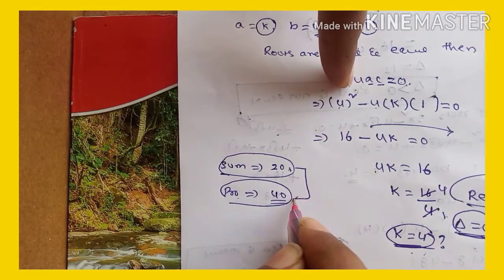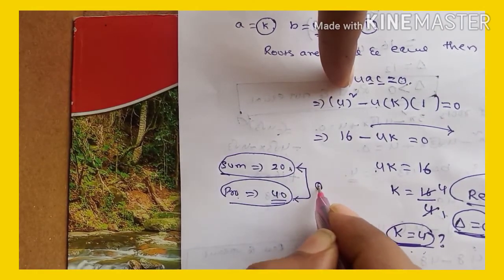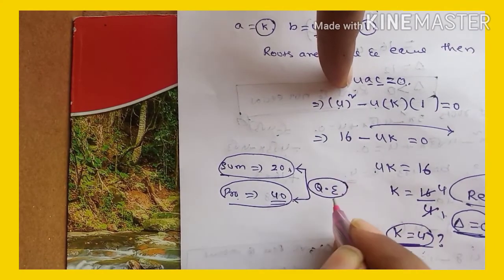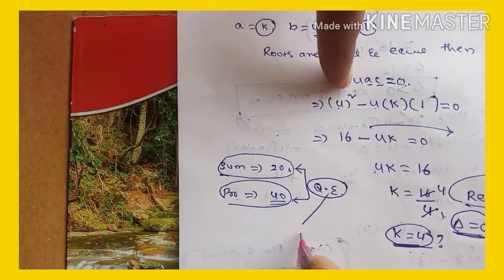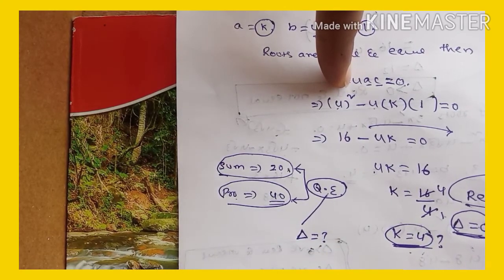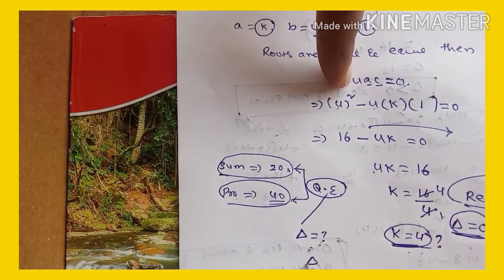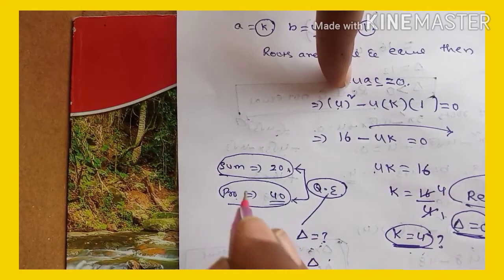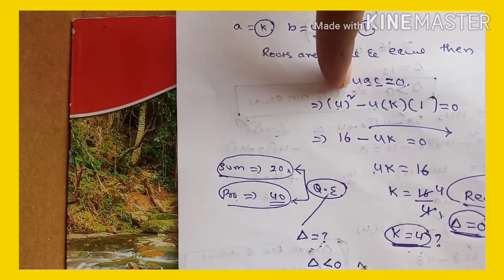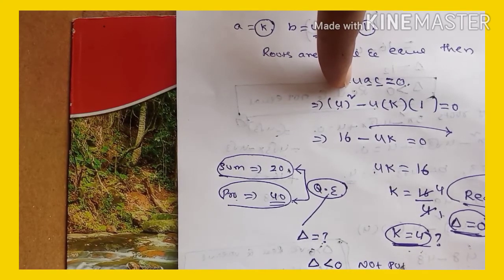Based on these two conditions, you have to get a quadratic equation. After getting that quadratic equation, you have to identify its delta value. What is the delta? If you got the delta value as negative, here definitely we will get a negative value. Delta value less than 0, then that situation is not possible.